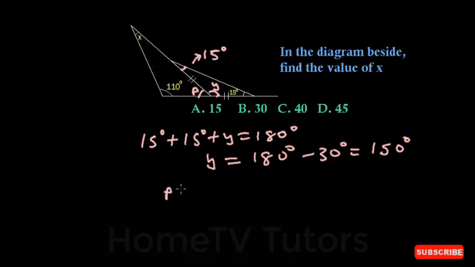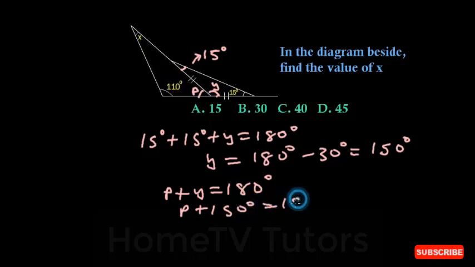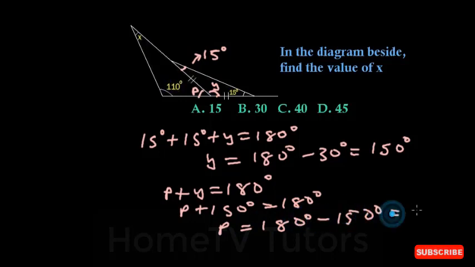So P plus y is equal to 180 degrees. Then P plus y, which is now 150 degrees, equals 180. So therefore P is equal to 180 degrees minus 150 degrees, and that gives us 30 degrees.